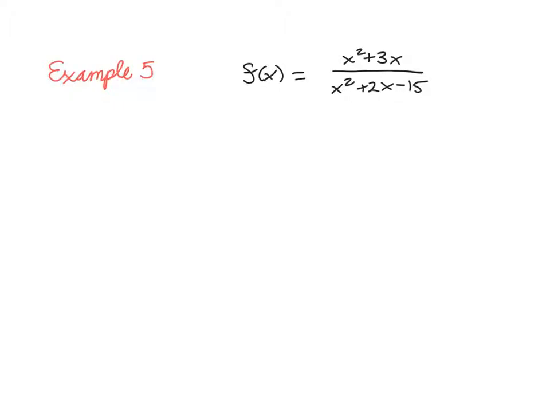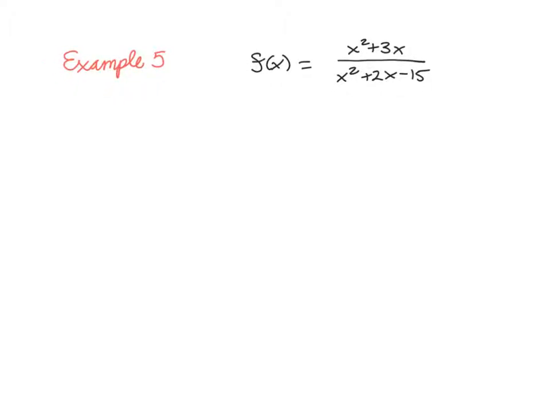Okay, so we're going to try one last example together. So here we have f of x equals x squared plus 3x over x squared plus 2x minus 15. So let's start by factoring this out. So we have x times x plus 3 over x plus 5 times x minus 3.